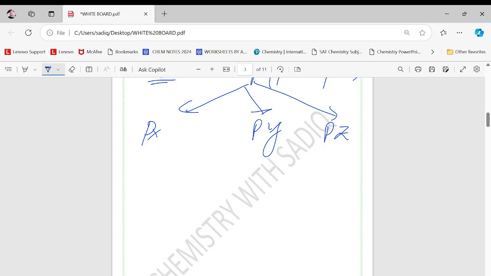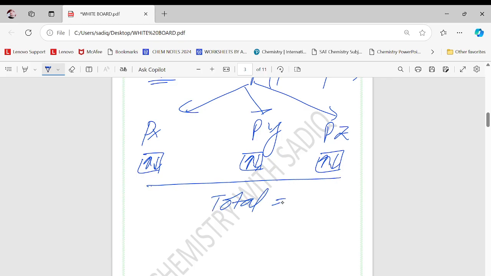How many electrons can each one accommodate? 2 electrons in each one. These boxes I'm showing are the number of electrons inside. So a total of 6 electrons. That means 3 orbitals are there, 2 in each one, and 3 twos are 6 electrons.